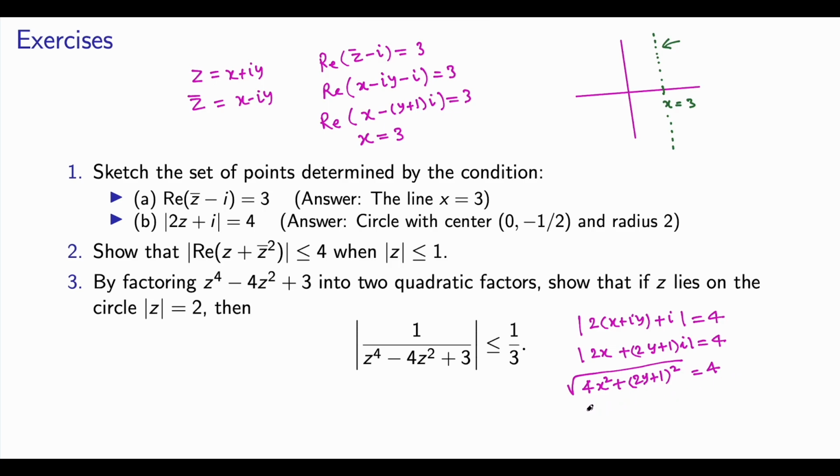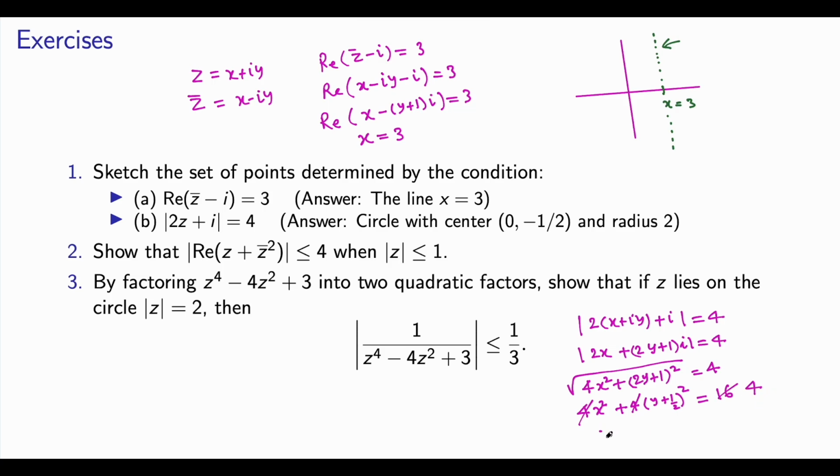If I square both sides, what am I going to get? 4x square, and now I'm taking 2 common from here, 4 times y plus half whole square, and squaring both sides gives you 16. So 4 will cancel out with this 4.